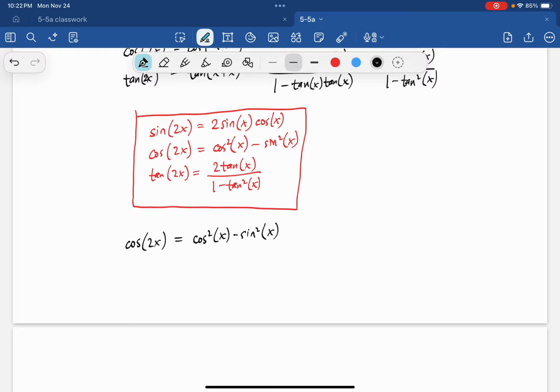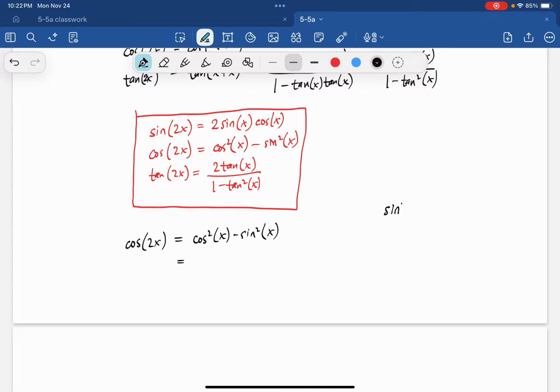Okay, but let's say we wanted to express this only in terms of cosines and not sines, right? Because in some cases, suppose we're solving an equation that has a lot of cosine x's, we don't want any sine x's, and so we only want to express it in terms of cosine sometimes. Well, what we could do is simply replace that sine squared here with a 1 minus cosine squared, right?